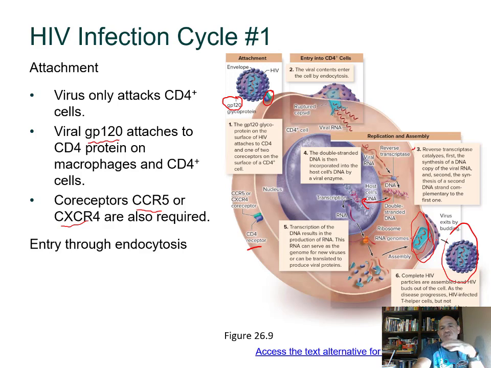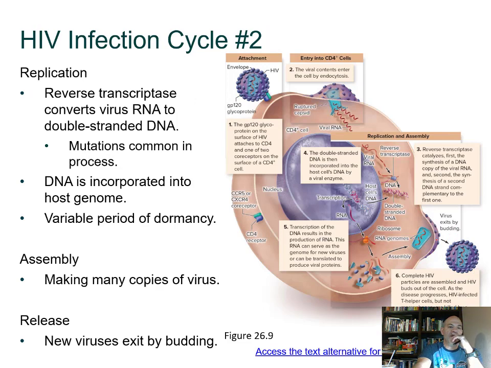Now, initially, macrophages would be infected, and then over time, mutations occur because it's an RNA virus. One of the mutations occurs in the GP120 protein, so we get a slightly modified GP120, and that allows it to gain access to more kinds of cells of the immune system, and eventually that's going to be a T helper cell.